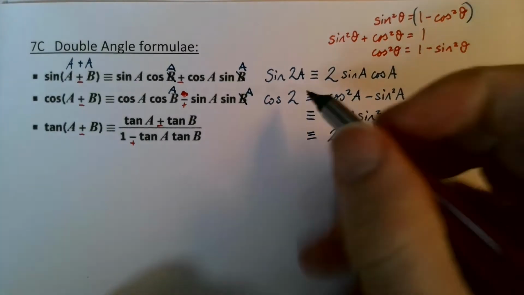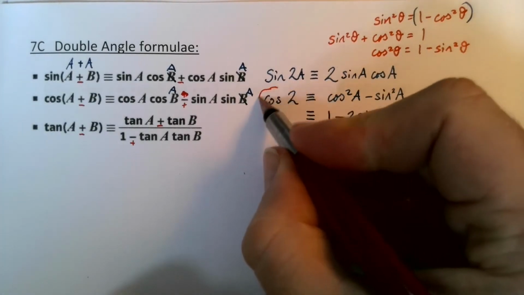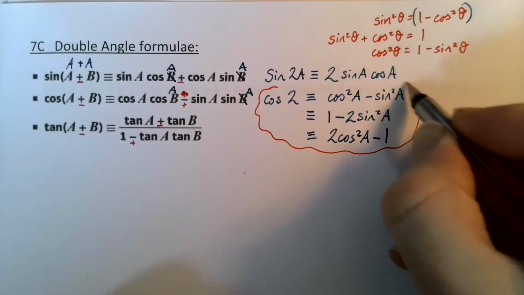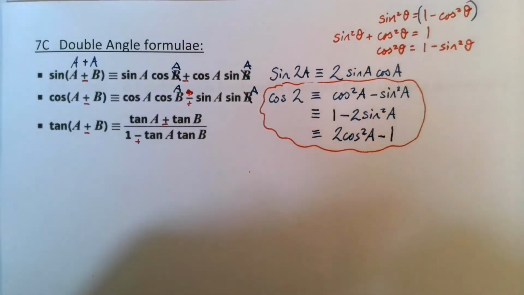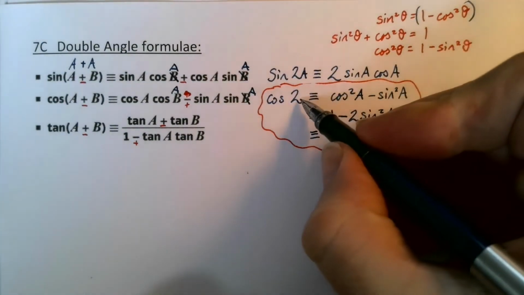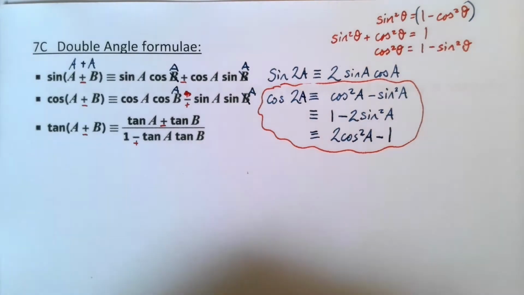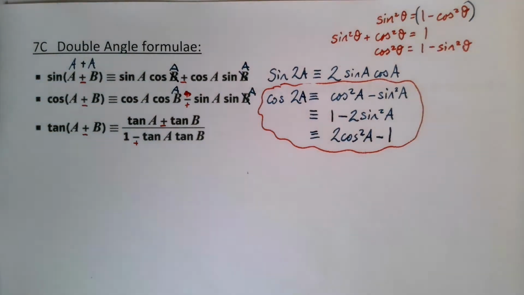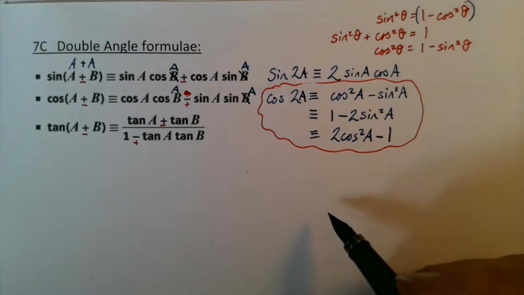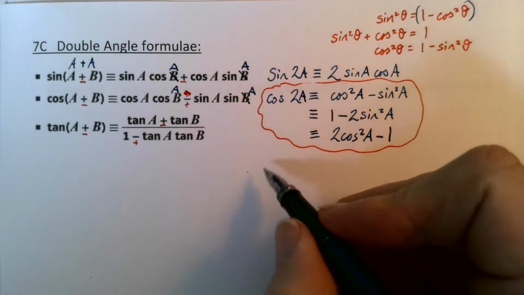So I'm going to put a little bit of a bubble around here so that we think all of these are cos 2A's. And all of those can come up and be relevant. And then finally we've got tan.